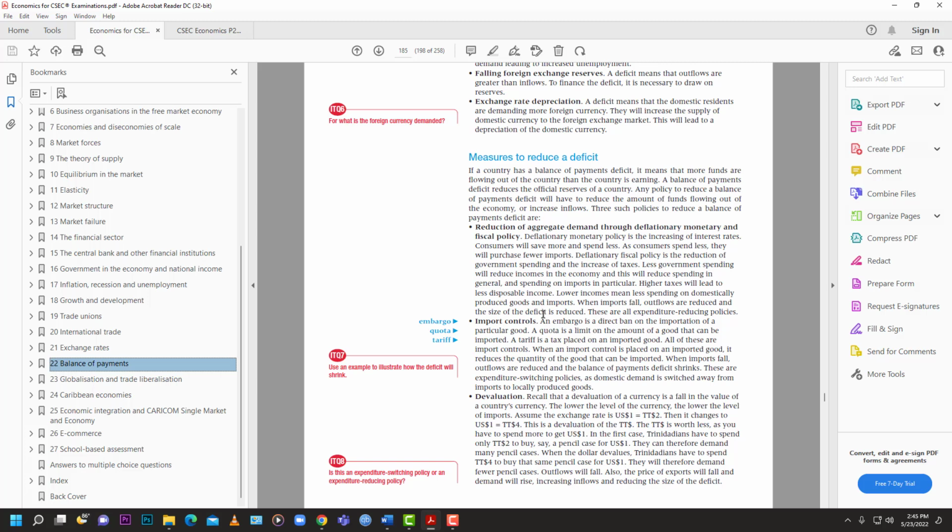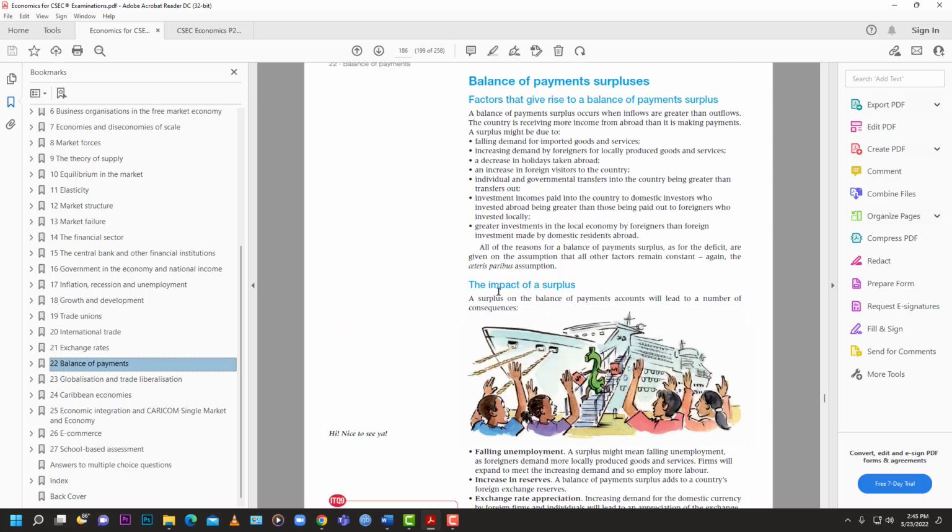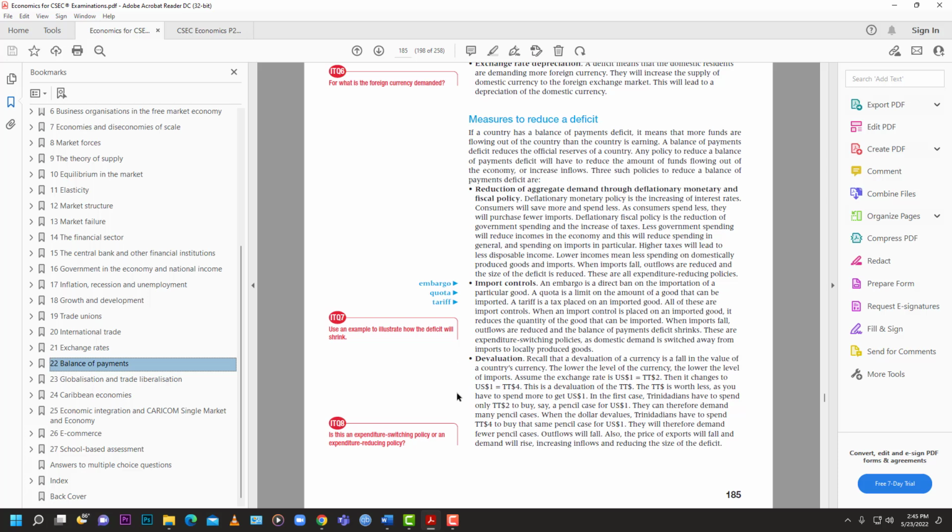You can use a quota system, where you allow a certain amount of certain things to be imported. And then you have a tariff, which is a tax on imports. So import controls is another policy you can use. You can use deflationary monetary policy, deflationary fiscal policy, import controls, or you can use devaluation.